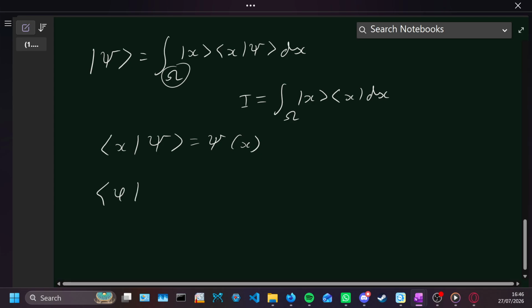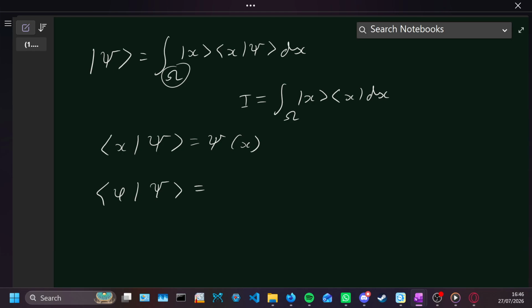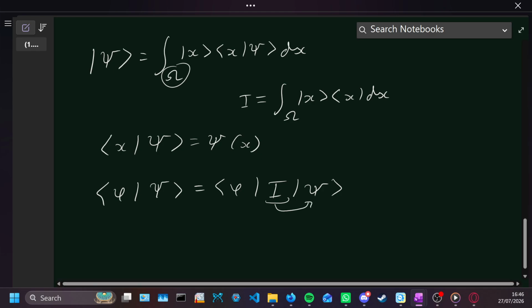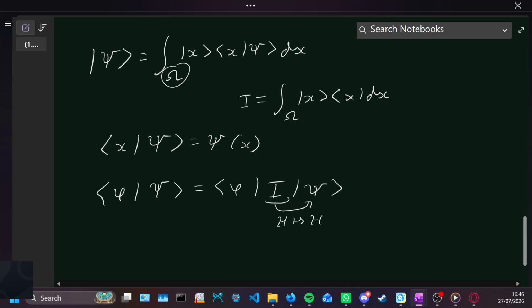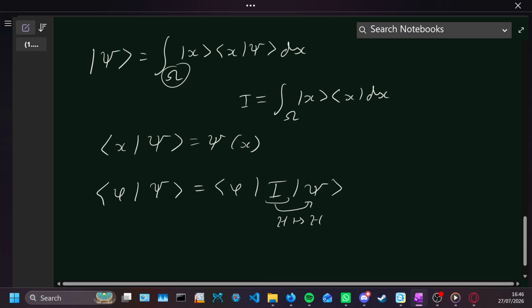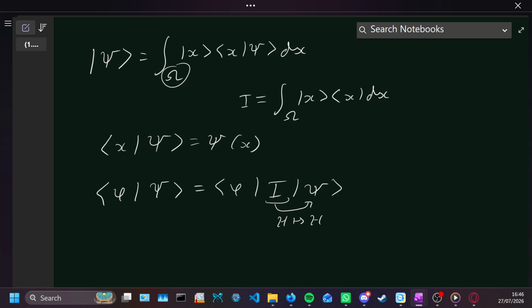So if we had phi and psi, what we can do is insert the identity into this inner product, because of course I times psi is going to do nothing to it. It's going to map my Hilbert space onto my Hilbert space, and it's going to keep everything the same, right?